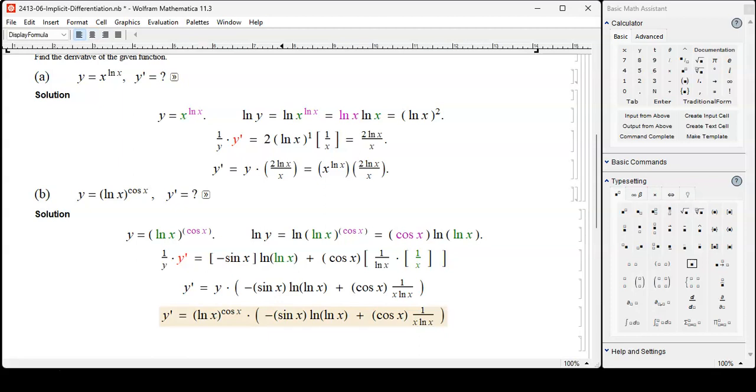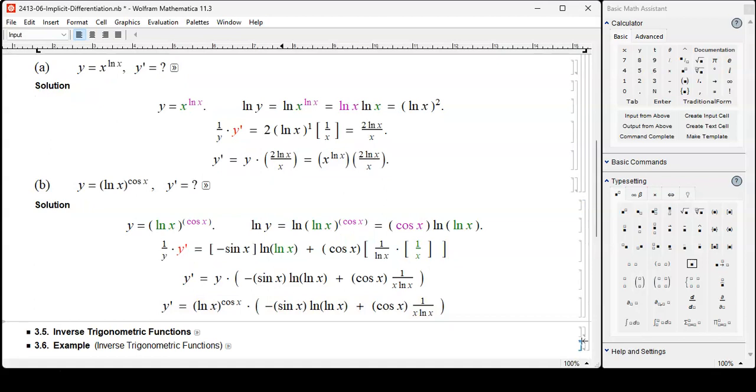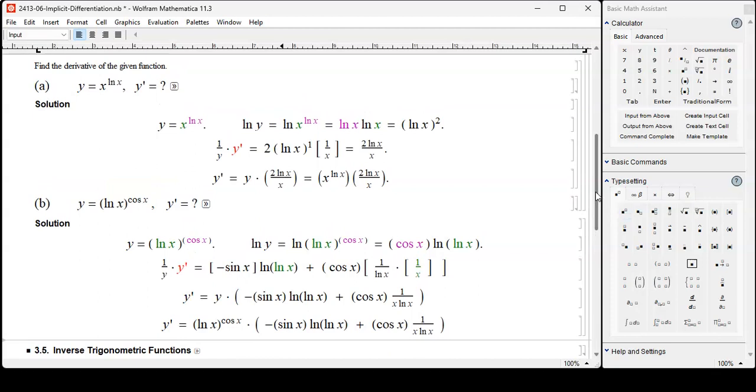So log of cosine of x, original y, times the product rule computation. Product rule and then chain rule computation. It was much harder, wasn't it? Anyway, these are log differentiation problems when both the base and power are functions.